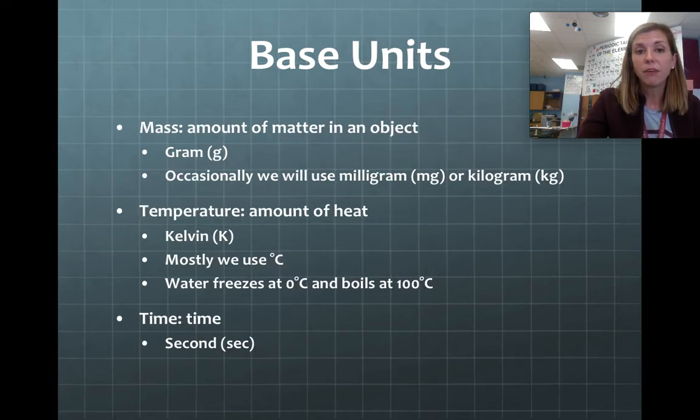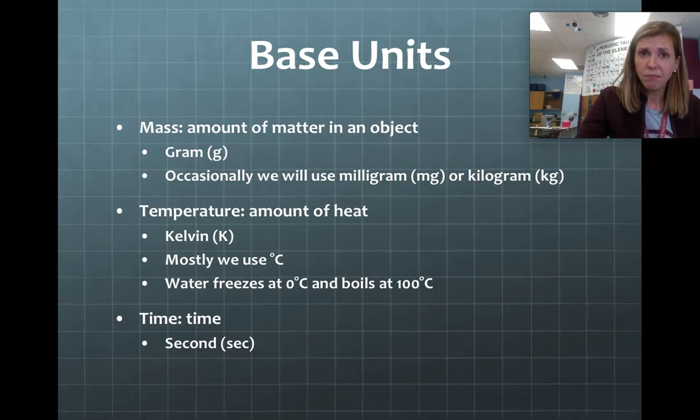Mass is the amount of matter in an object, and our base unit is the gram. Occasionally we'll use milligrams or kilograms, maybe even micrograms, but for the most part we're going to be using grams.